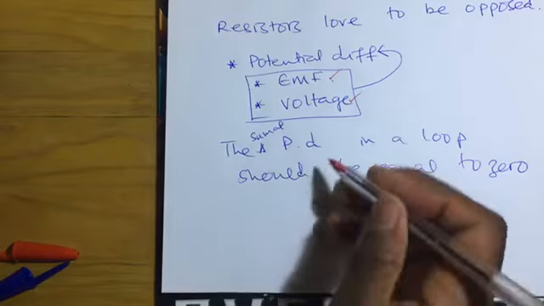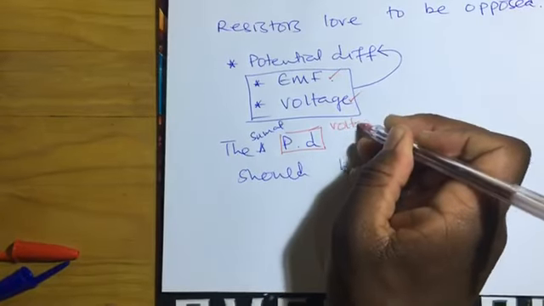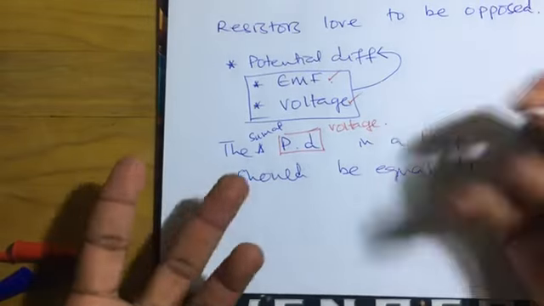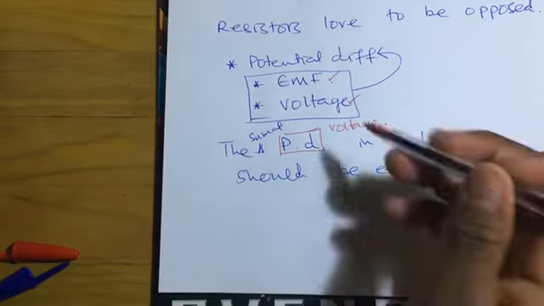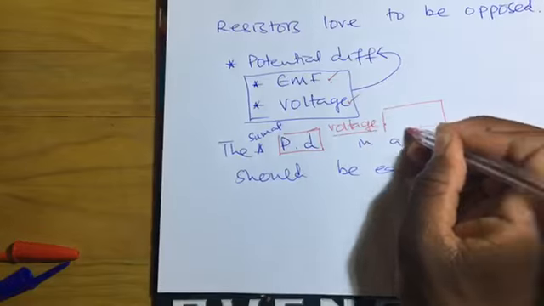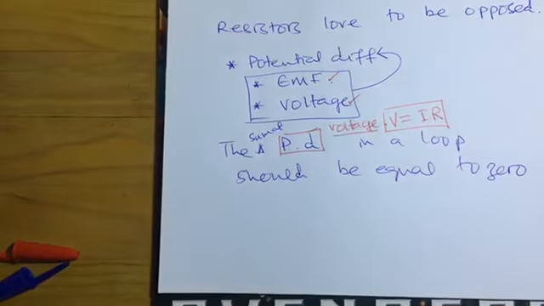Then we say the alternative name for potential difference is voltage. You understand? Voltage or electromotive force. We are going to stick to voltage. Then we say voltage has an equation, V is equal to IR.